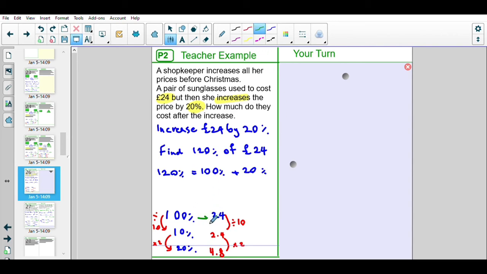Okay, 100%, that is £24. 20% is £4.80. And if I add them together, that would be £28.80, or you could say 28 pounds 80 pence.